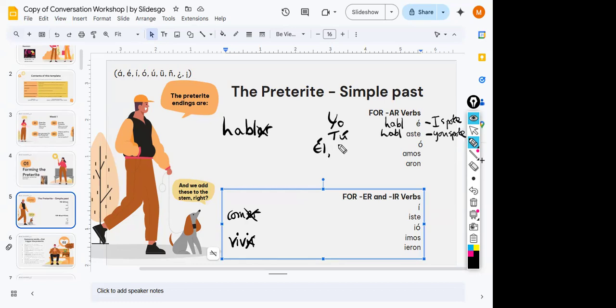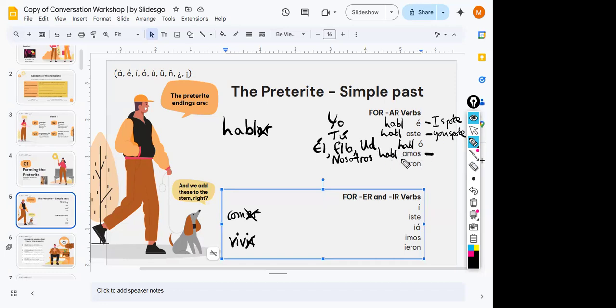Él, ella, usted habló. He, she, it, or you formal, spoke, right? I don't have space to write in all these subjects. So if you're confused, you can tell me. All right, nosotros hablamos, right?